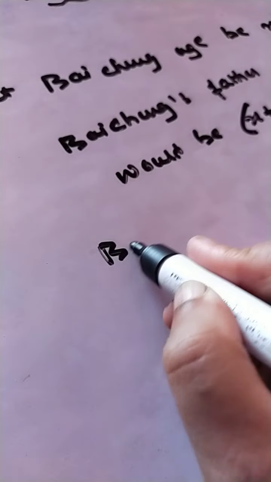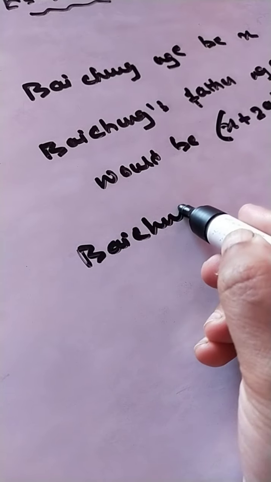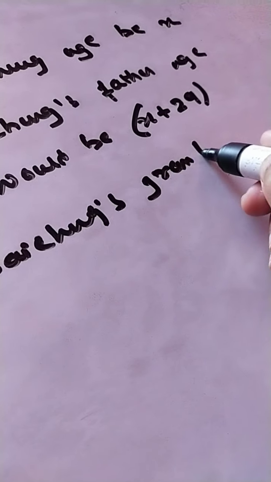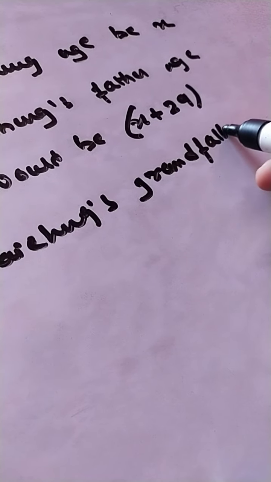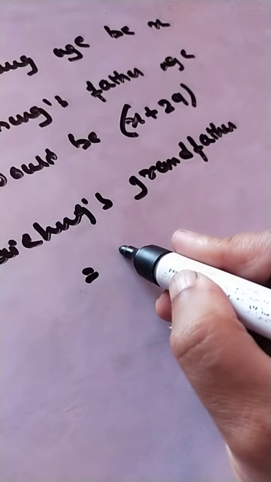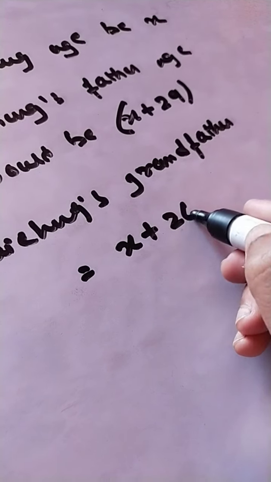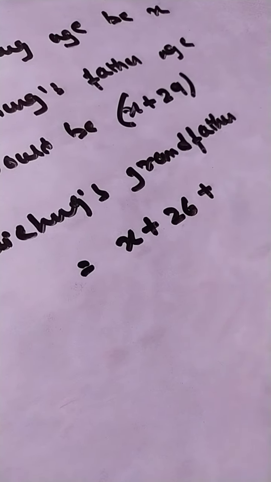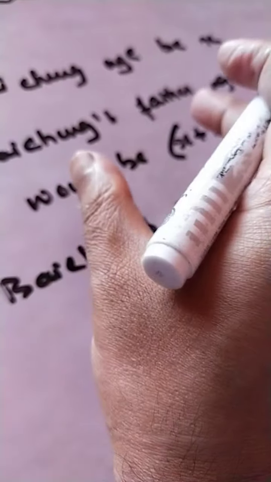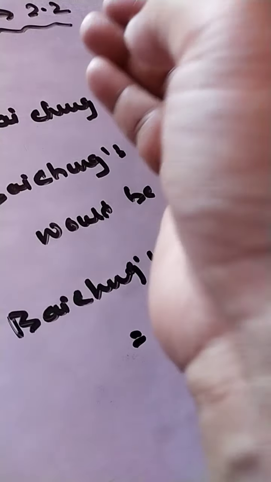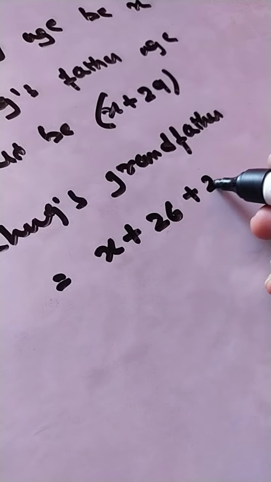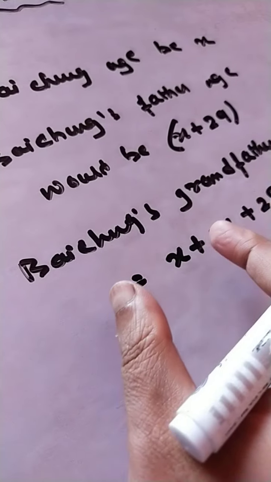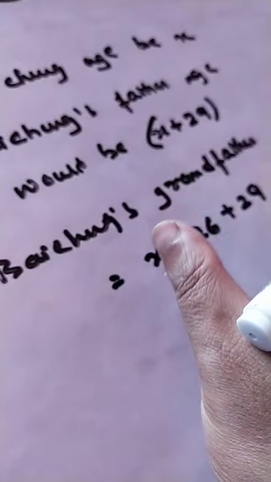Now the last part, Baichung's grandfather's age. The grandfather's age would be what? The grandfather is 26 years older than his son, Baichung's father, and because Baichung's father is 29 years older than Baichung, it's quite obvious that we have to add 29 more if we compare the age with Baichung's grandfather.